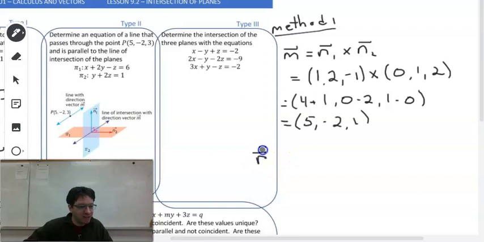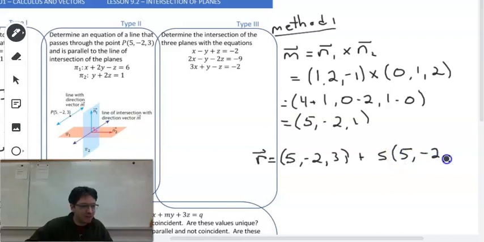The line we're looking for then, we can write a vector equation for, where we'll start with that point as our position vector, 5, -2, and 3, plus some scalar multiple, I'll call it S, times our direction vector, 5, -2, and 1. So there's method 1 to figure out the equation of that line.